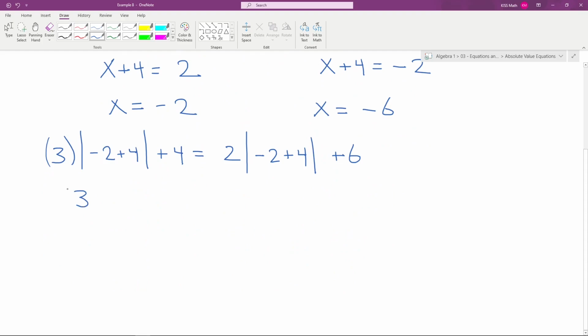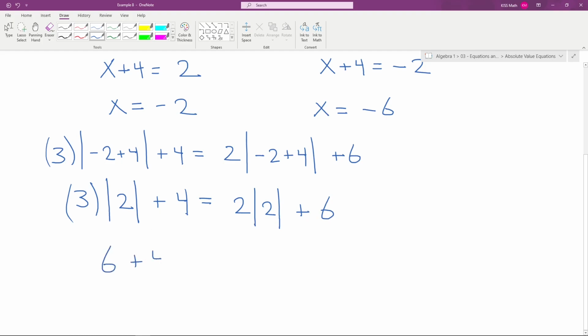That will be 3 times absolute value of 2 plus 4 equals 2, again absolute value of 2 plus 6. 3 times 2 is 6 plus 4, and then we have a 2 times absolute value of 2 is 4 plus 6, and they're both 10, so that number is good, or I should say that solution is good.